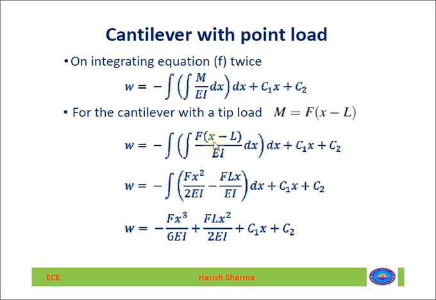Step by step we integrate. First integrating gives F upon EI into (x square by 2 minus Lx). Integrating again, we get w equal to minus F x cube upon 6 EI plus F L x square upon 2 EI plus c1x plus c2. This equation we get after integration.